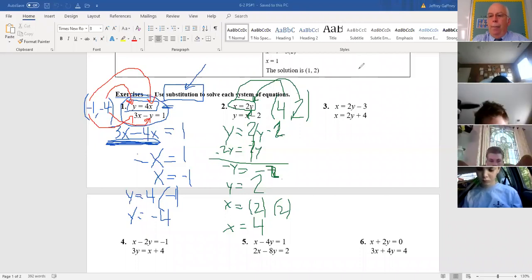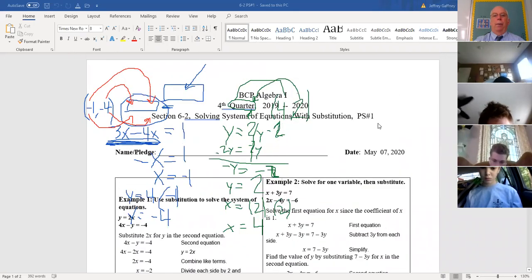Mr. Gaffney? Yes, sir. I forgot what problem set we're doing right now. Is this problem set 2? This is section 6.2, problem set number 1. Section 6.1 was solving systems of equations graphically. This looks like problem set 2. It should be 1. It says 2 on the Word document at the very top of the screen.